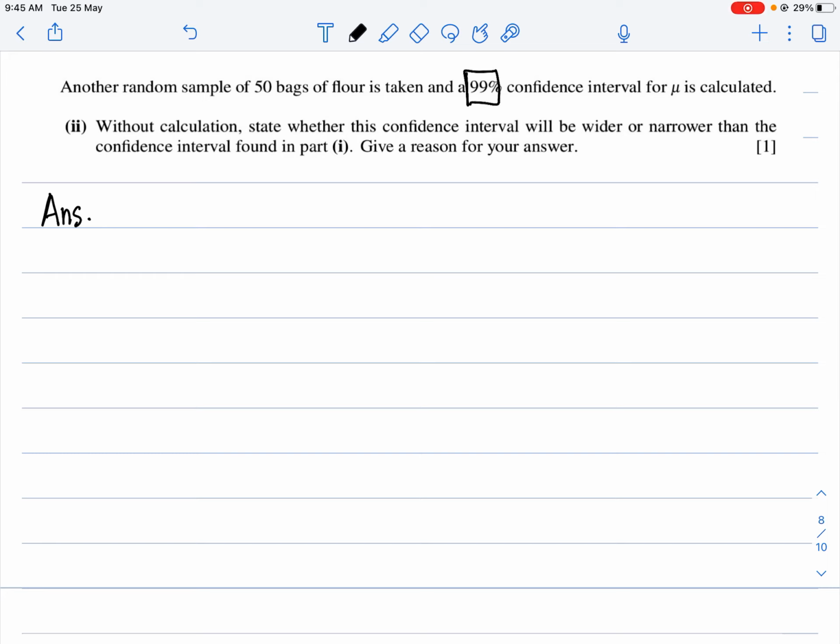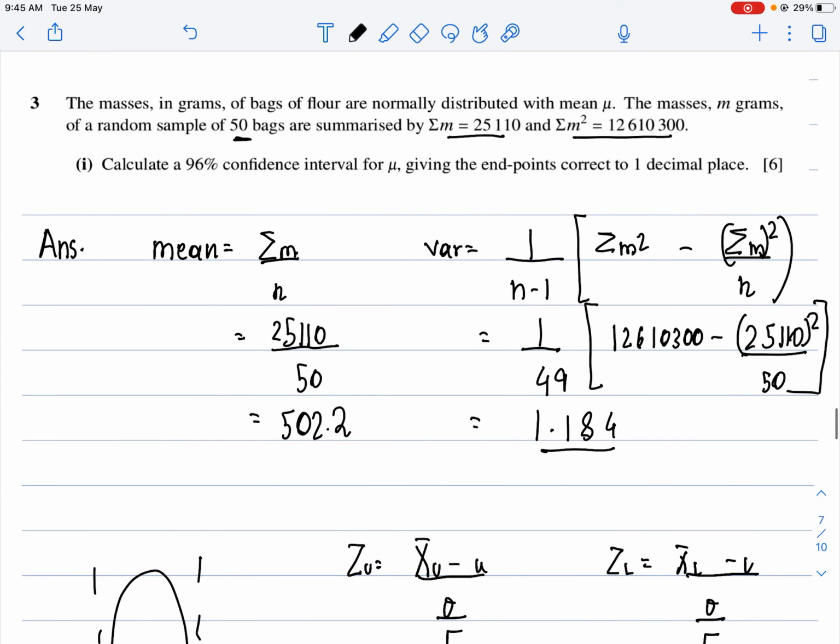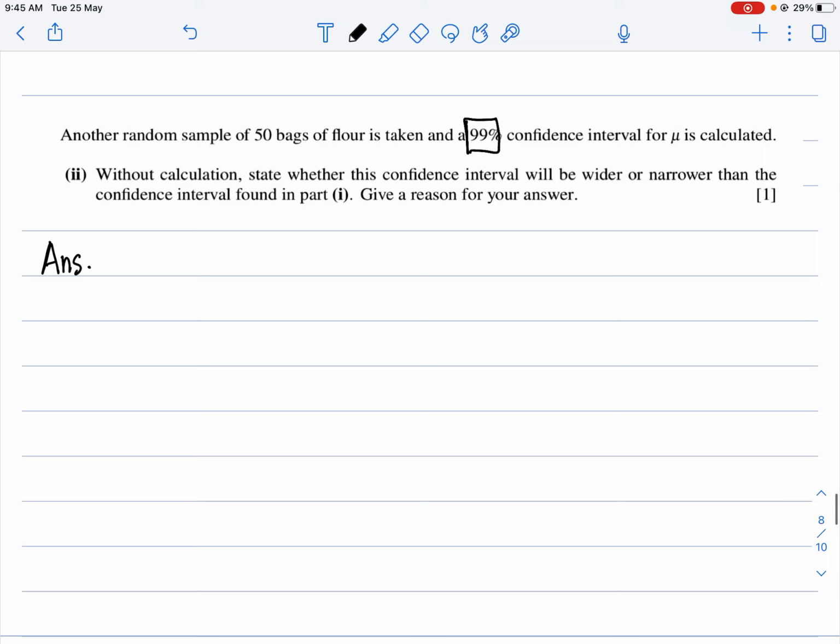Now another random sample of 50 bags of flour is taken with a 99% confidence interval, and the mean is calculated. Without calculation, state whether the confidence interval will be wider or narrower and give a reason. If you see, we calculated a 96% confidence interval, which has a lower z value compared to a 99% confidence interval.